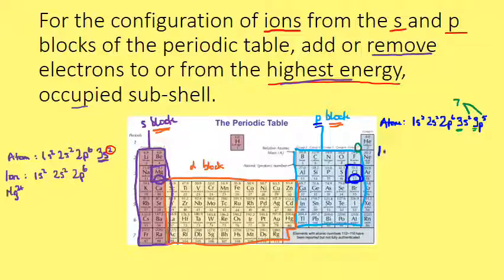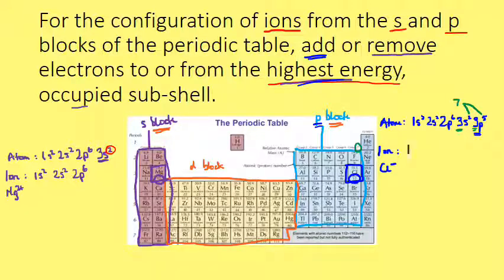We need to get the electron configuration of a chlorine ion now. As you know, chlorine makes Cl- ions because it wants to attract an electron. So now we're going to add an electron to the highest energy occupied subshell, which is the 3p subshell.